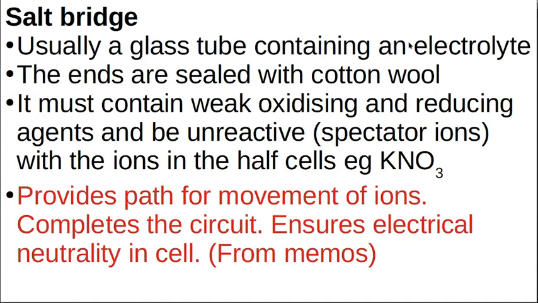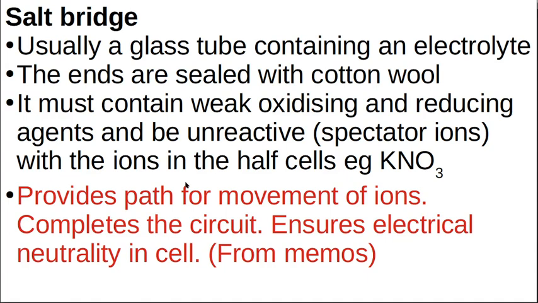The glass tube contains the electrolyte. If you've got a real one, you seal the ends with cotton wool, and it must have something that doesn't want to react. So you put in a really weak oxidizing and reducing agent so that they can be spectator ions, like for instance potassium, nearly always found as an ion, never as a metal, and nitrates, which just wander around being nice and calm little nitrates normally.